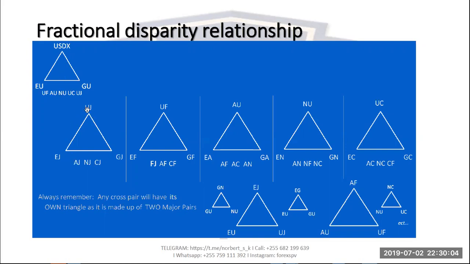This triangle has the yen as their common base. This has the Swiss franc, the Aussie, the New Zealand, the CAD. These pairs have a relationship because of the common currencies that they have. The common currencies bring about the relationship.